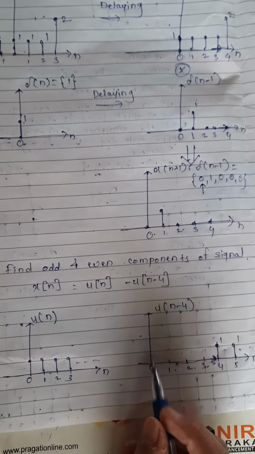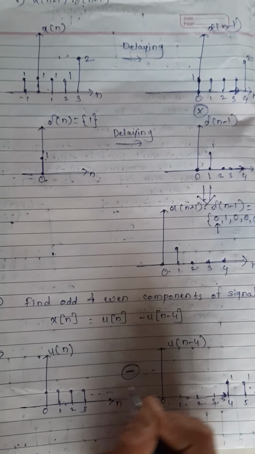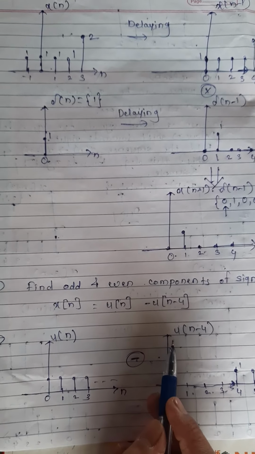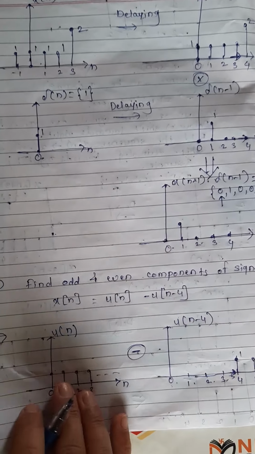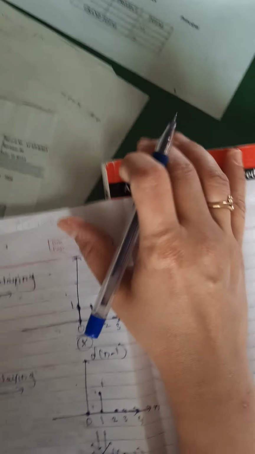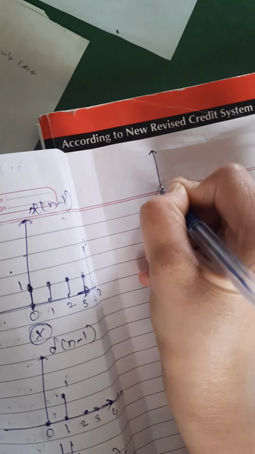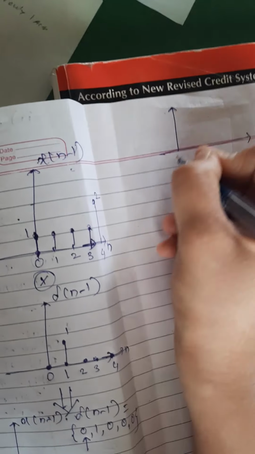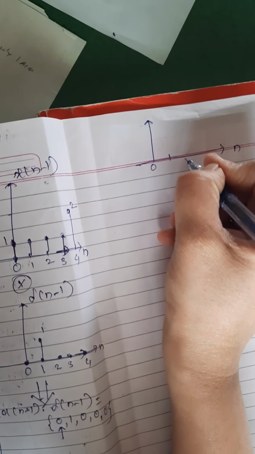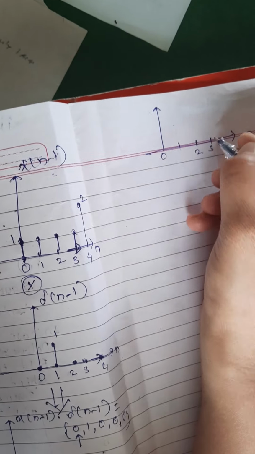And then we have to subtract these two signals, u of n minus u of n minus 4, and we get the output signal. It is 0, 1, 2, 3.